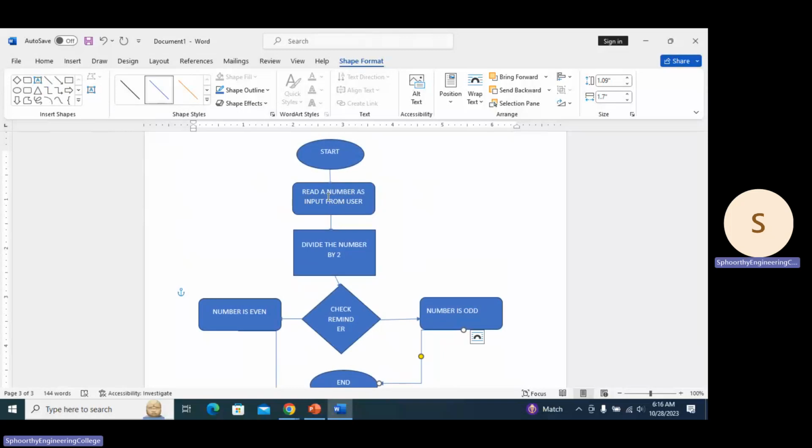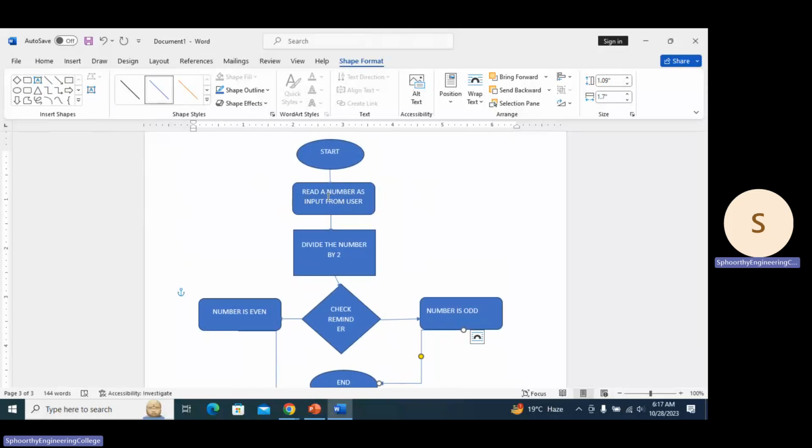After that, what should I do? I should check whether the remainder of the division is 1 or not. If the remainder is 1, the number is odd, and if the remainder is 0, the number is even. That means I need to make a decision, and accordingly print a message.